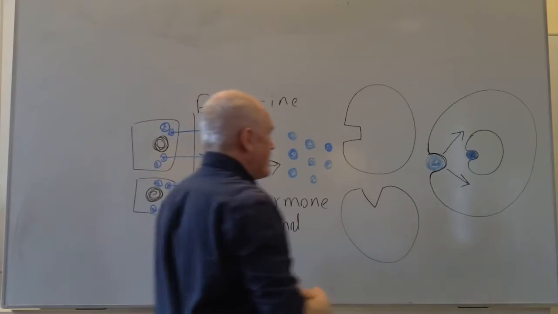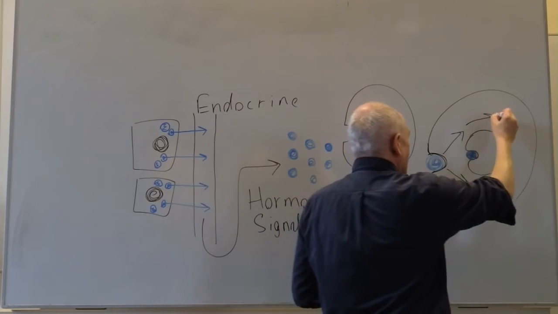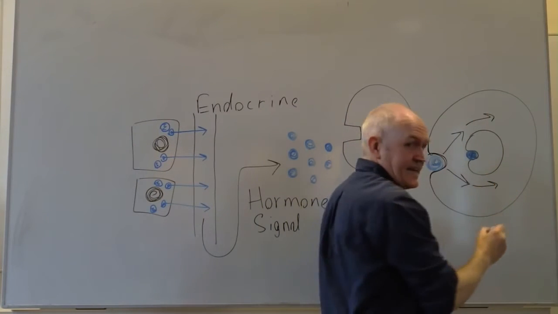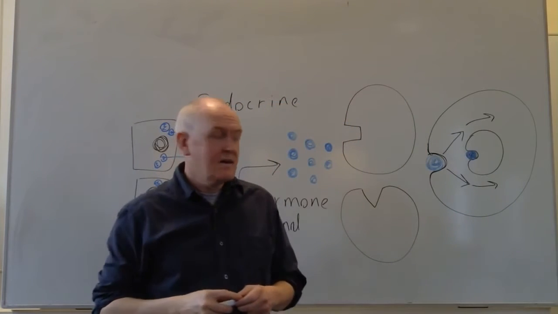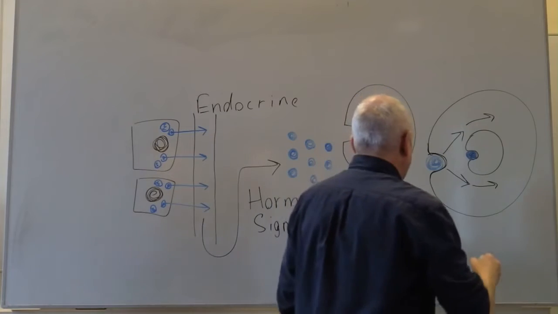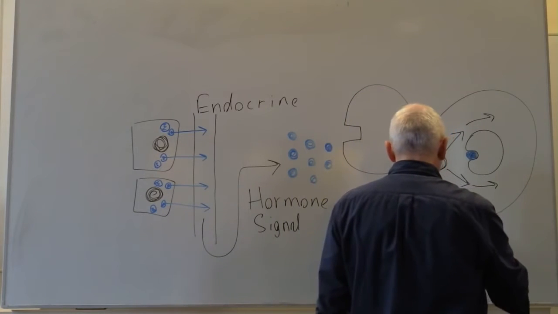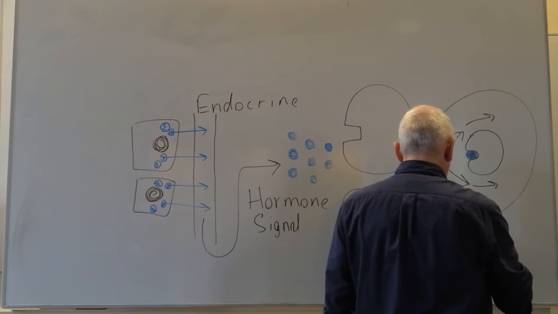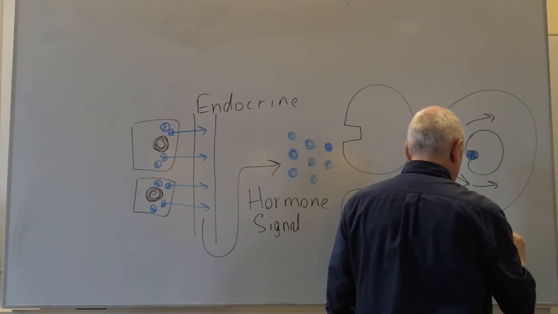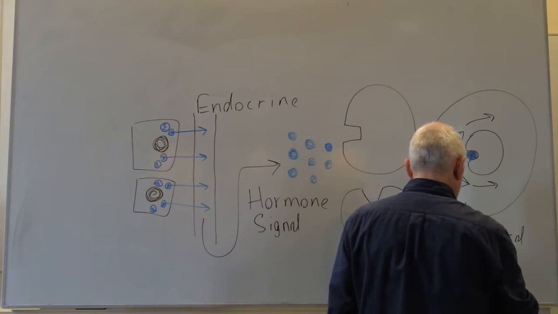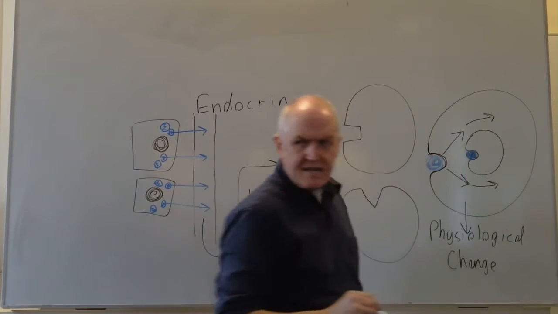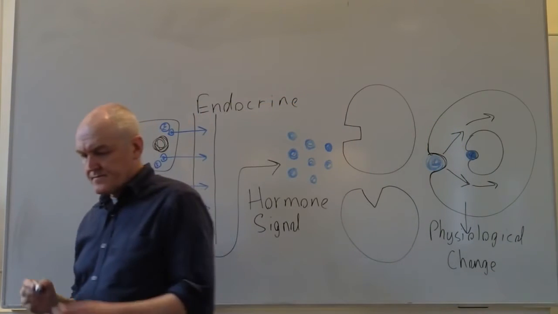And the changes that go on inside the cell are mediated via what is called a secondary messenger system. And that brings about some physiological change in the cell. It will stimulate the cell to do something.